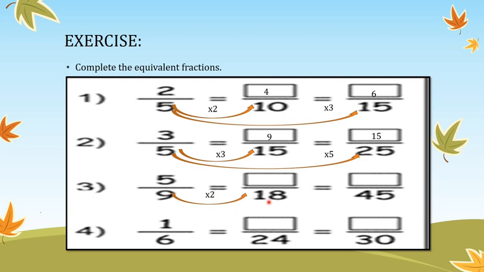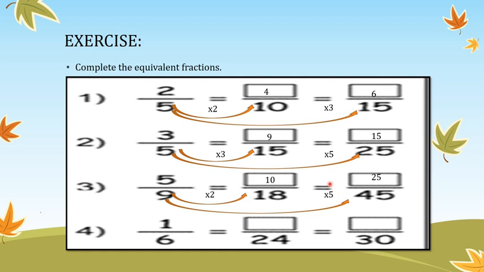How many times of 9 45 comes? 5 times. So we are going to multiply the numerator also by the same number. Because the denominator 9 is multiplied by 5 to get 45, we multiply the numerator also by 5.